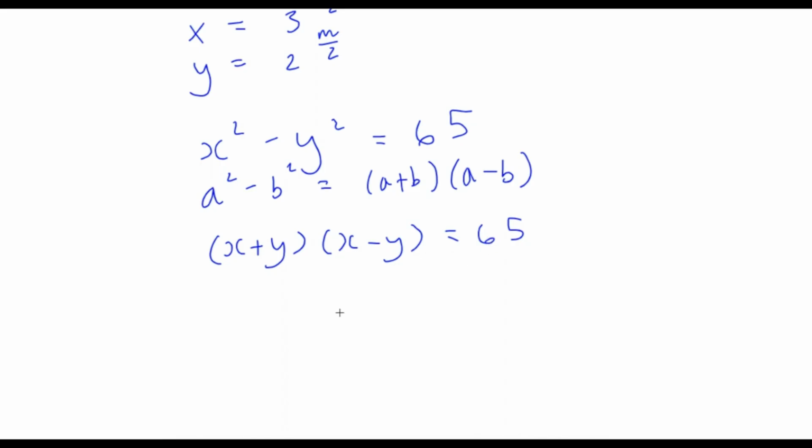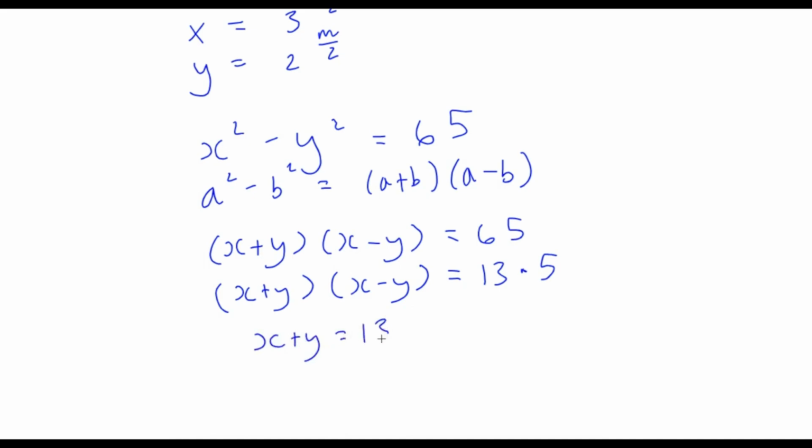Now 65 is the same thing as 13 times 5. So we have x plus y times x minus y is equal to 13 times 5. Now this can give us two equations. We have x plus y is equal to 13 and x minus y is equal to 5.